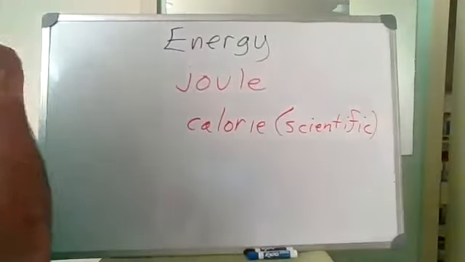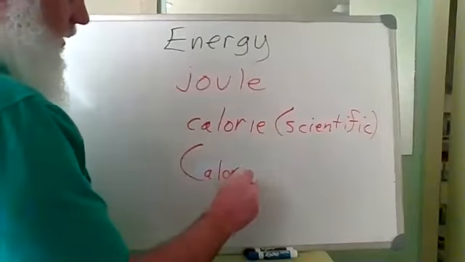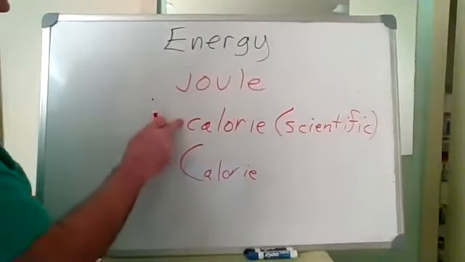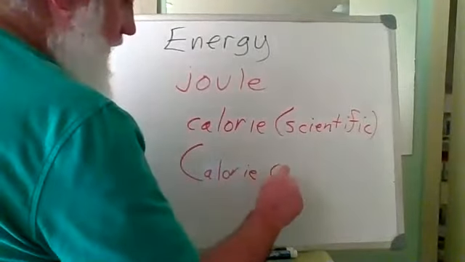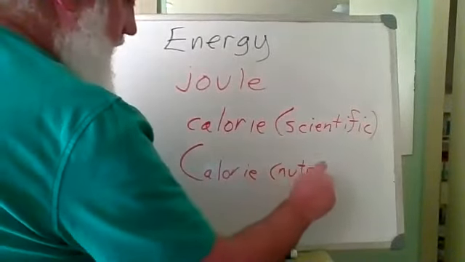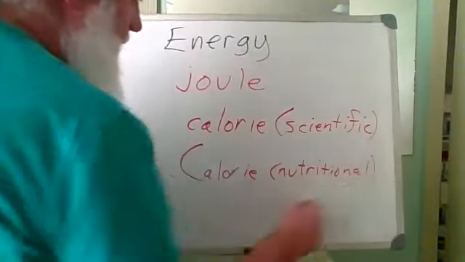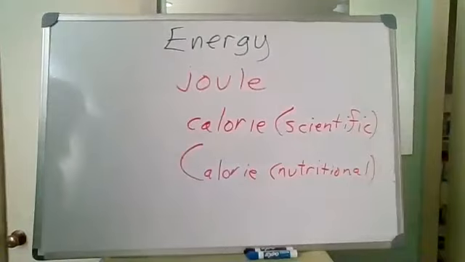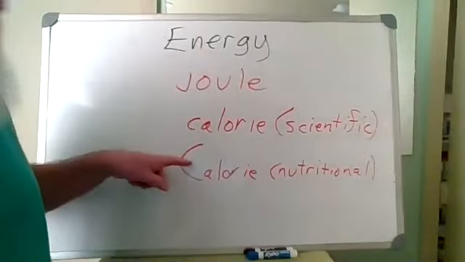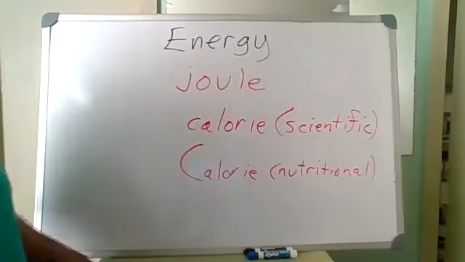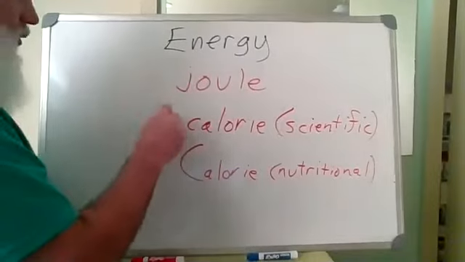And we also have this calorie with the capital C. So lowercase c for the scientific, uppercase C for the nutritional calorie. So when you say, don't eat that burger, it's 1,200 calories, you're talking about this one. This one here, the scientific calorie, is pretty much not used anymore.